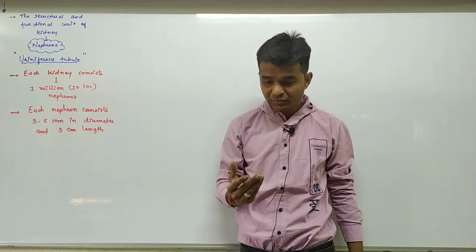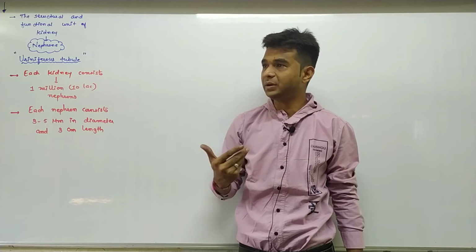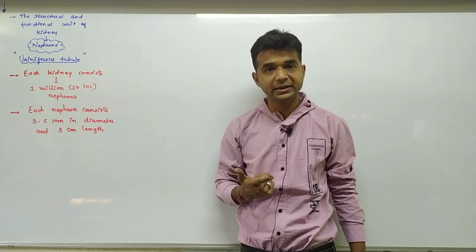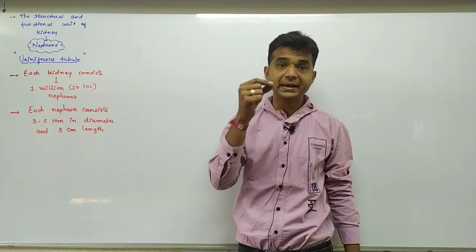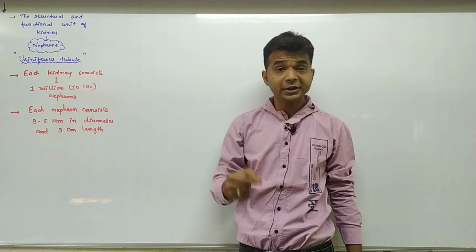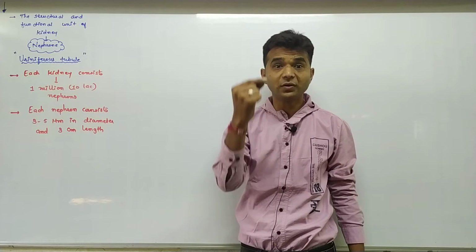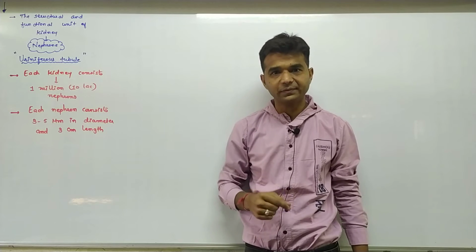Now assume that each kidney is 10 to 15 centimeter in length, and each kidney possesses 10 lakh nephrons, each 3 centimeter in length.